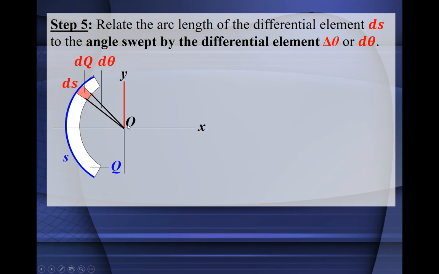The angle that you sweep in going from where the differential arc length starts to where it ends, we're going to call d theta. So d theta is the angle swept by this differential arc length.